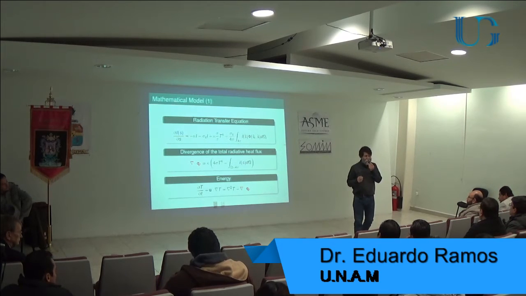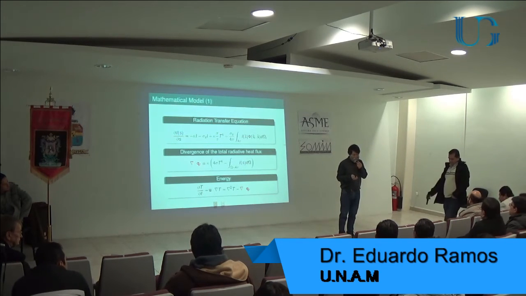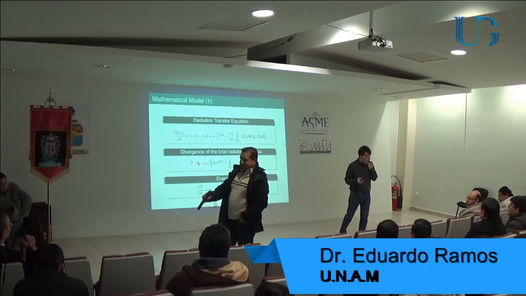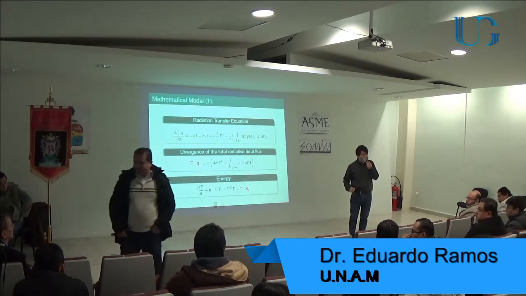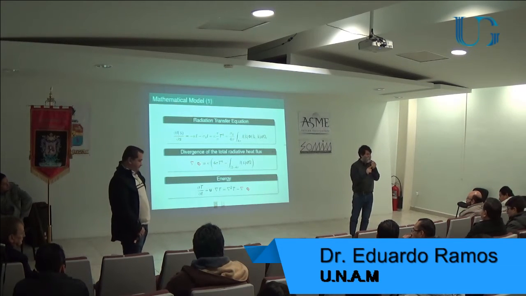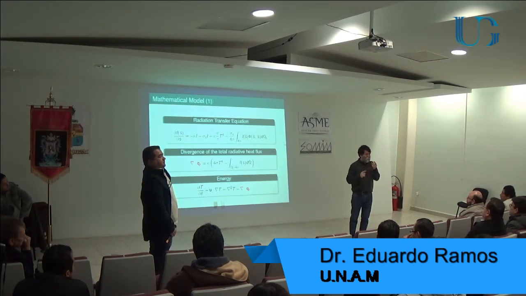Okay, the question was why is this ideal model better? We think that this is a better design because the forced convection goes in the same direction as the natural convection. So the two of them will be working together.